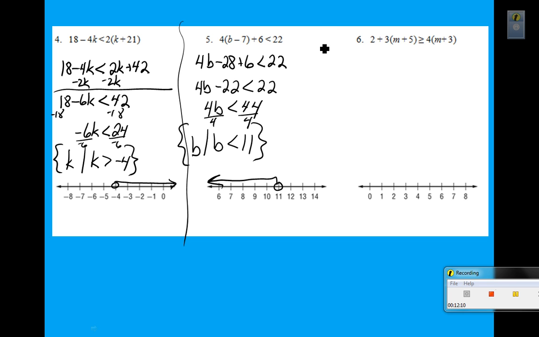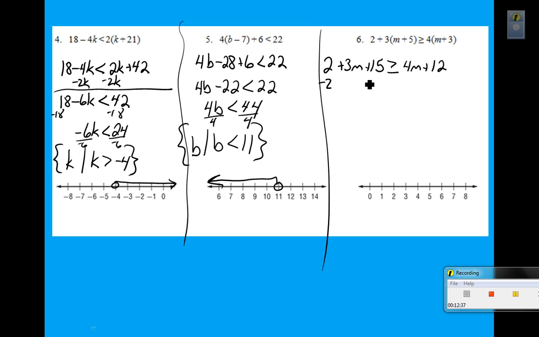Here's my number 6. If I distribute correctly, I'm going to have 2 plus 3m plus 15 is greater than or equal to 4m plus 12. Combine any like terms. So on the left-hand side, now here's a common error that I see people do.